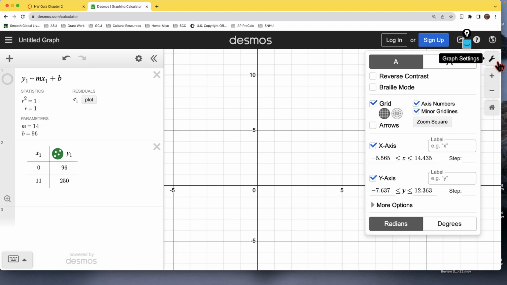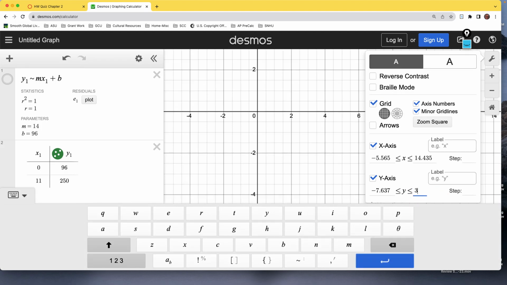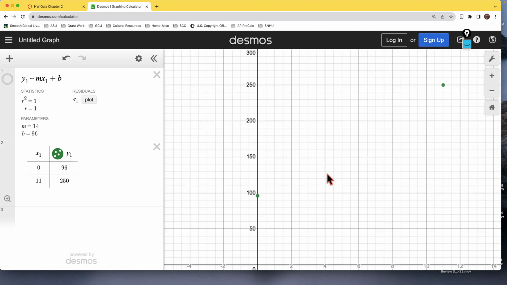So what I will do is I'll come here to the little wrench, and I know my x is going from -5 years to 14 years. That'll be okay. But for my y-axis, I need to go at least to 250. So why don't we go to 300? And as soon as I do that, I see my 2 points. The initial value was 96.